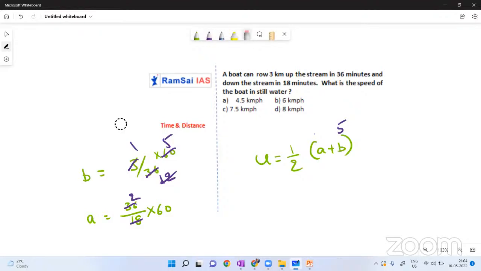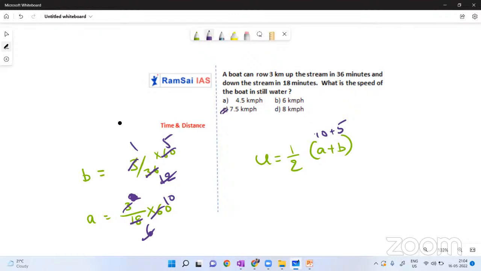Yeah, I did a small mistake. This is 3, but I put it as 30, 36. So 3 ones, 3 sixes. This is 10, 10. 10 plus 5, 15, 15 by 2 is 7.5.